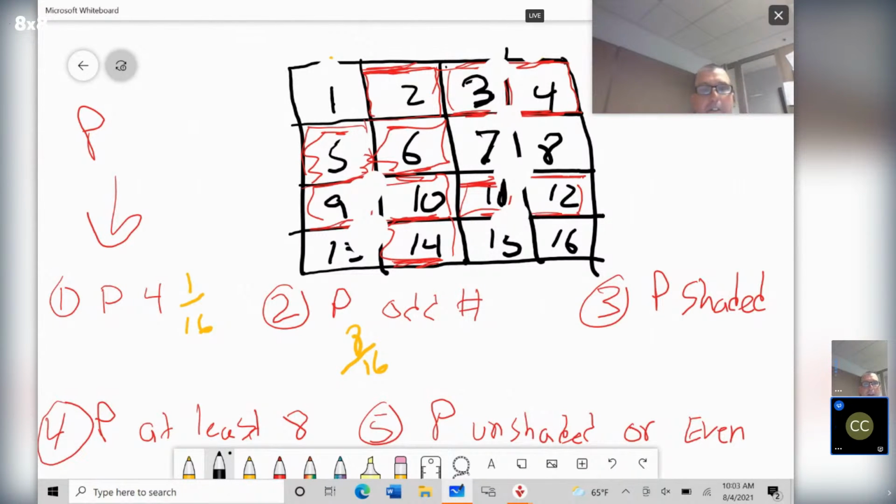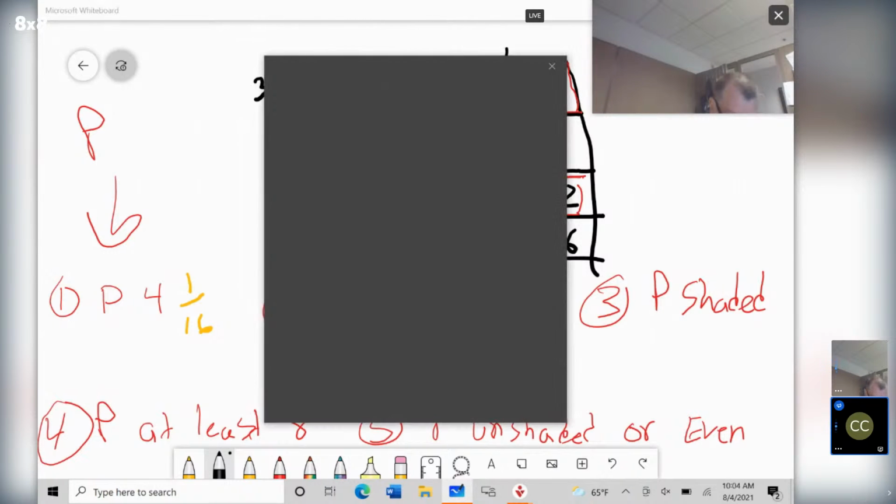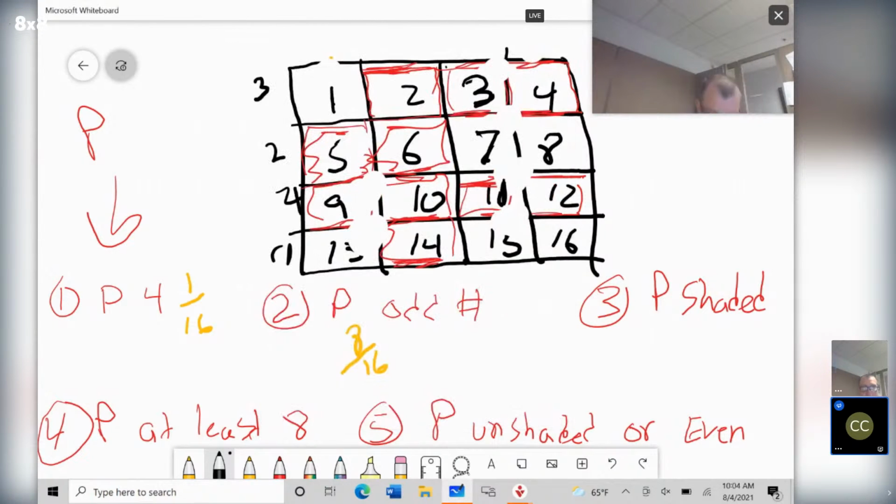Okay, so if you go back and look, on the top row, there's 3 shaded ones. On row 2, so I'll just put a number on this first column, there's 3 shaded. This one has 2. The third row has 4, and the last row has just 1. So that's 5, 7, 10. So the probability of shaded is going to be 10 out of 16.